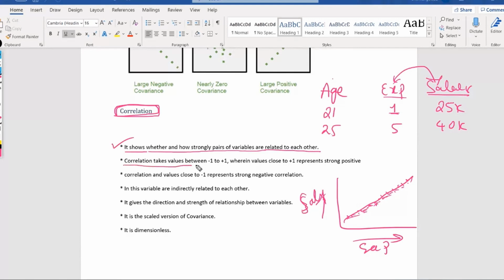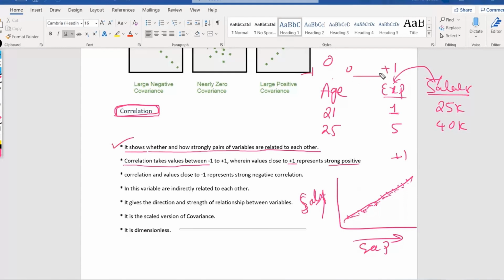Then, correlation takes values between -1 and +1, wherein values close to +1 represent strong positive correlation, right? So the value always lies between -1 and +1, and in between we have 0.